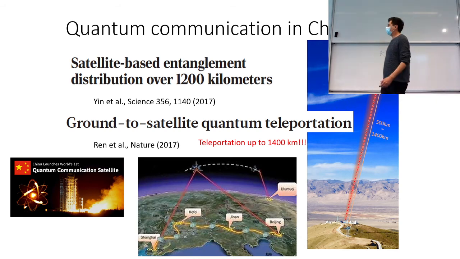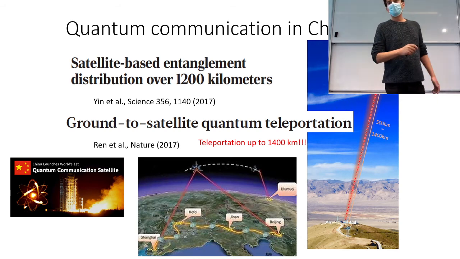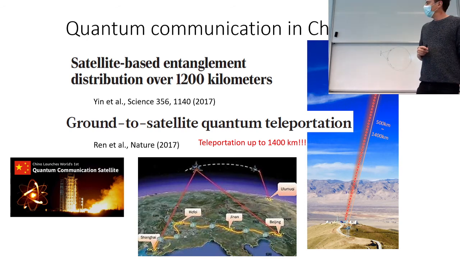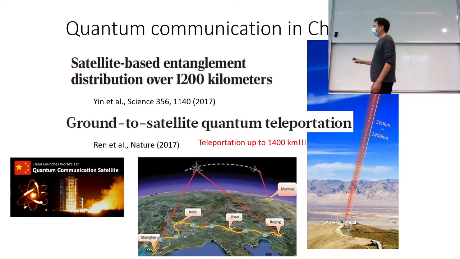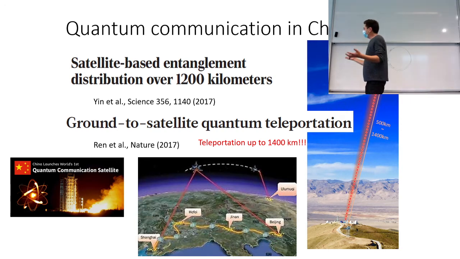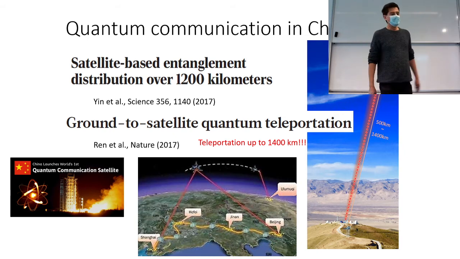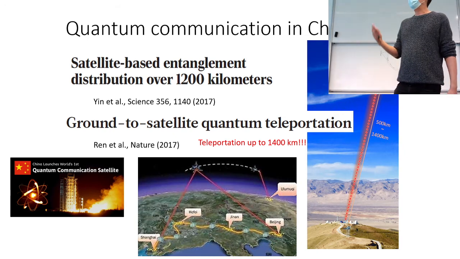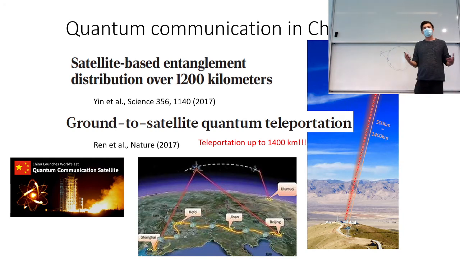And I'm pretty sure these experiments had quite a lot to do with it, because this is laying the groundwork for a future quantum internet, right? If you have the quantum internet and all the technology is being developed in another country, then this starts to make a lot of people anxious about the nature of quantum technology in their own country.